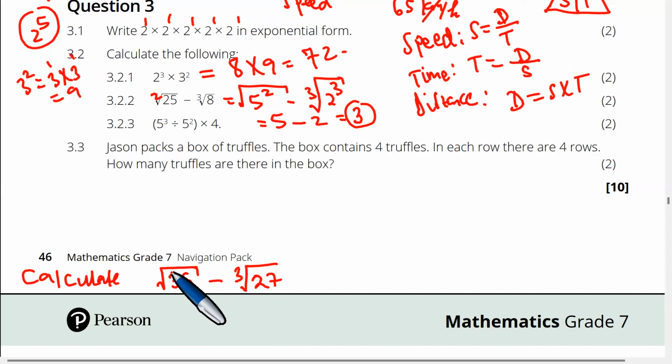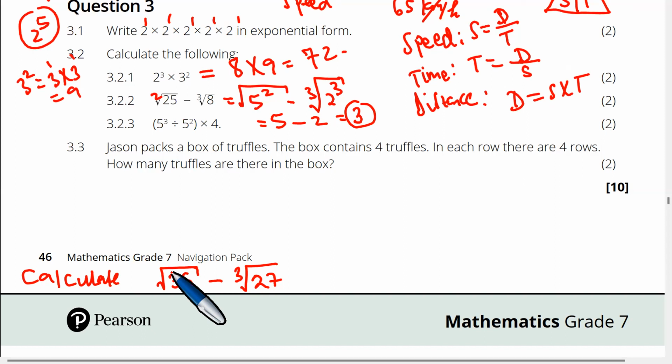There's a certain number. 18? Okay, you think about it. You multiply with itself.